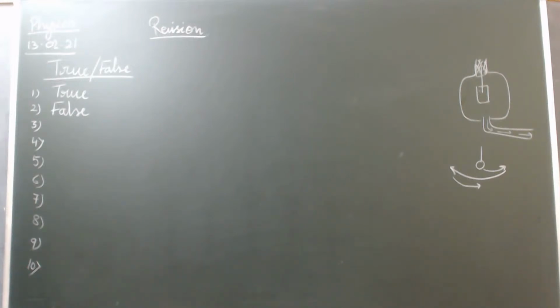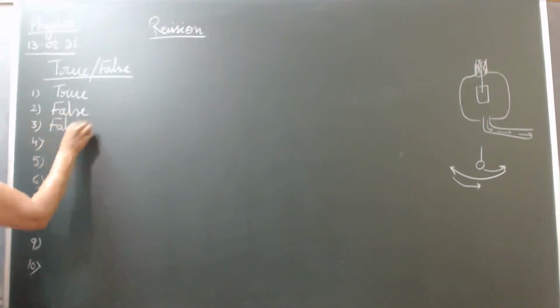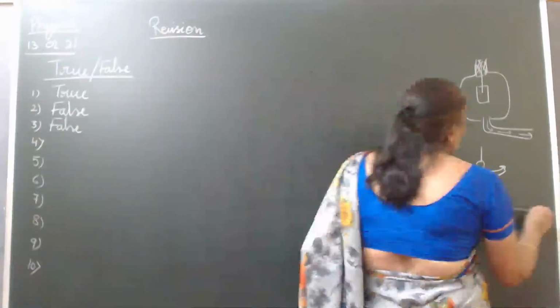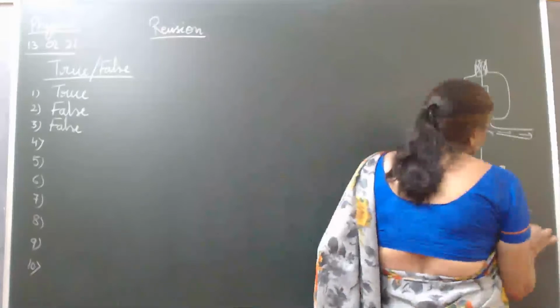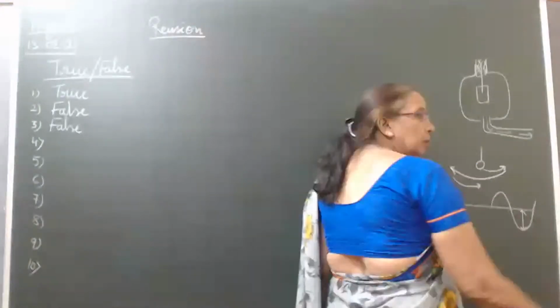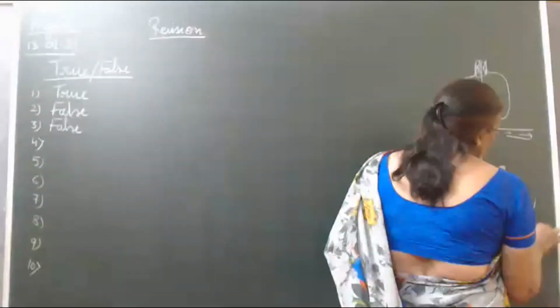Third one. If the amplitude of vibration is large, sound is feeble. False. Yesterday also I said, what is the amplitude? As you increase the volume of sound, amplitude will become more.